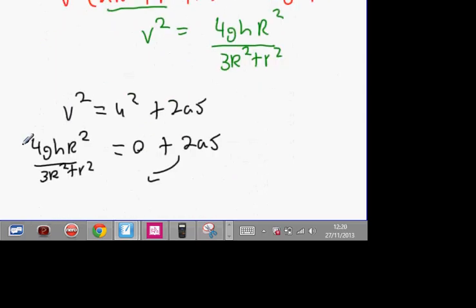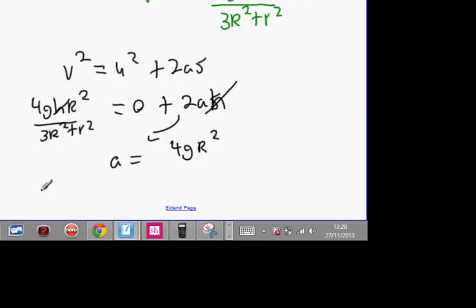Oh yeah, s is h. Get rid of the h's, and I'm going to get a equals 4gR squared divided by 2 multiplied by 3R squared plus r squared, and what happens to the 4 and the 2? 2gR squared over 3R squared plus r squared.